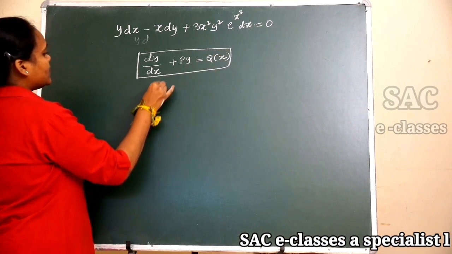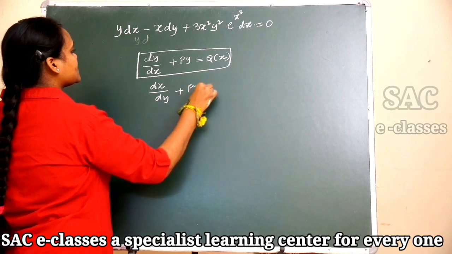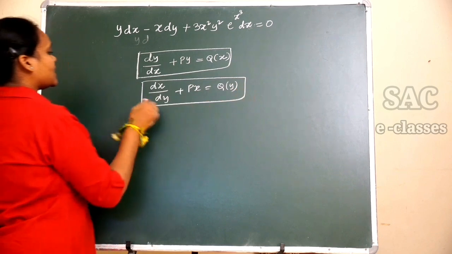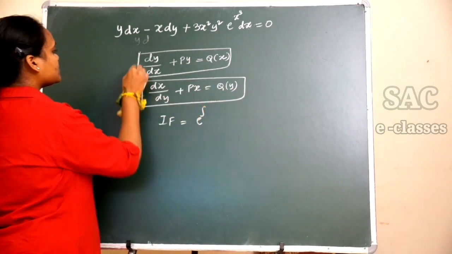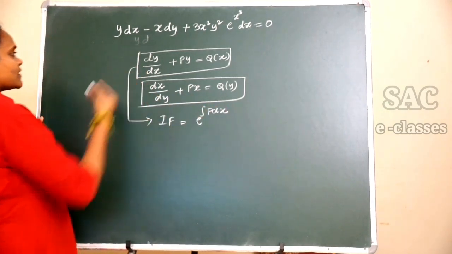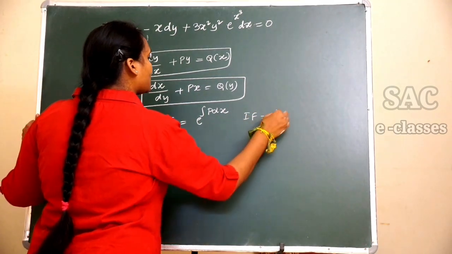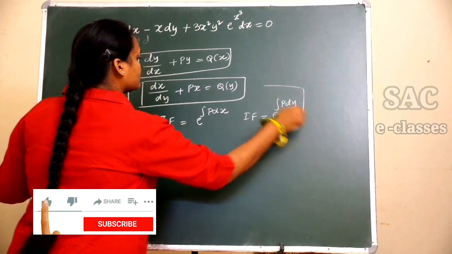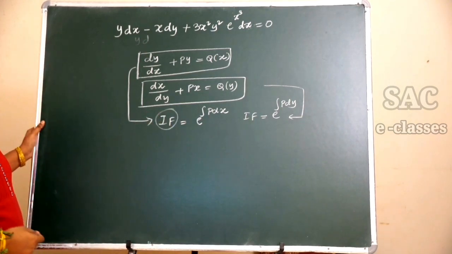Or dx by dy plus px is equal to q of y, where the integrating factor IF is e power integral of p dx for the first one, and IF is e power integral of p dy for the second one. If you know the integrating factor, we know how to find the solution.